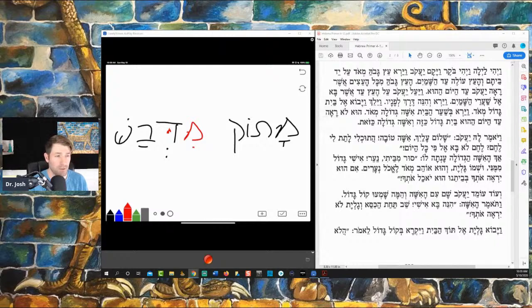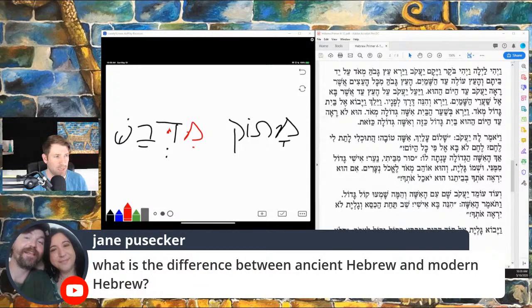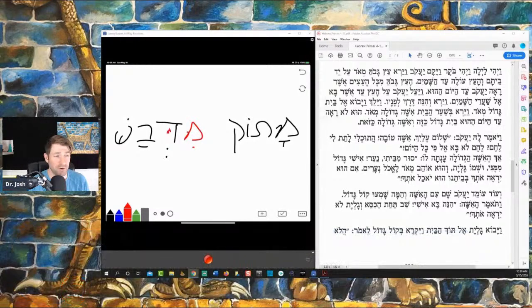Good question here. What is the difference between ancient Hebrew and modern Hebrew? They're actually very similar. Probably there were some pronunciation differences in ancient Hebrew. It's difficult to reconstruct at times how words were pronounced, but there's an awful lot of similarity.